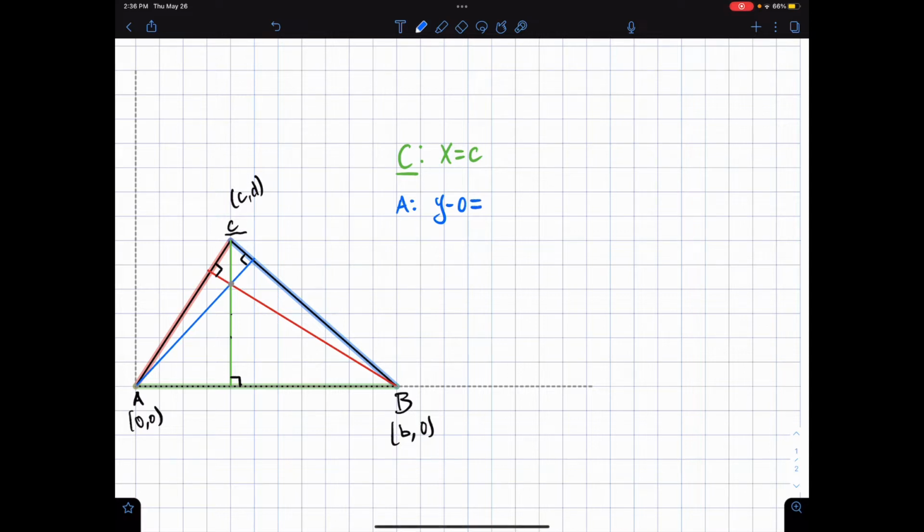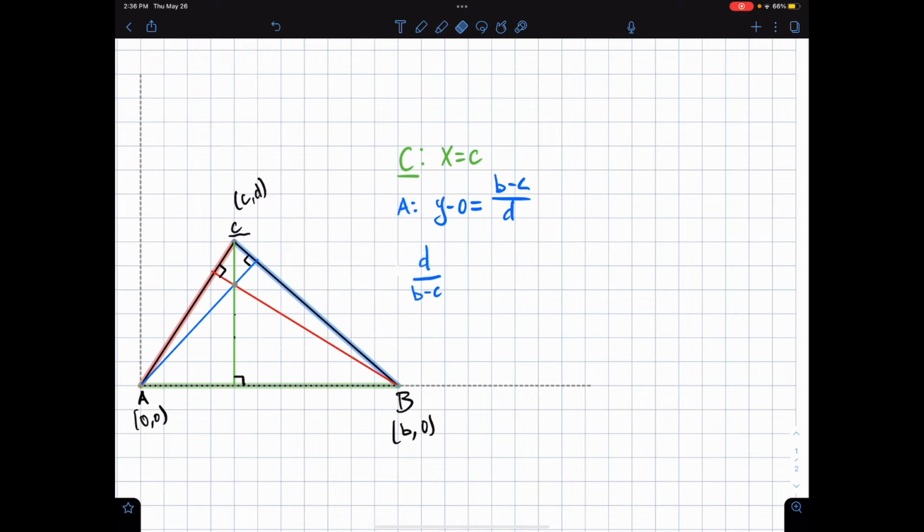And the slope of this line is the perpendicular slope of the slope of BC. So the slope of BC is minus d over b minus c. So the perpendicular slope to that is going to be b minus c over d.